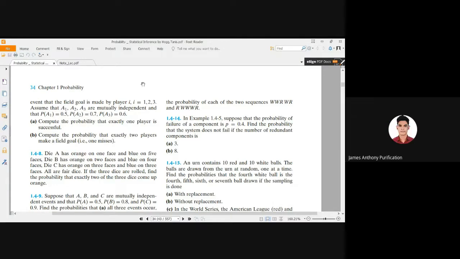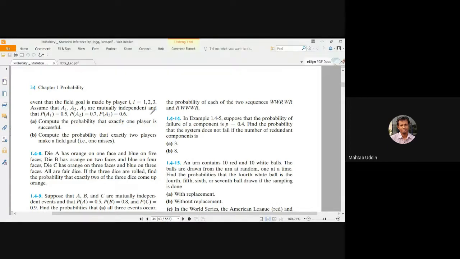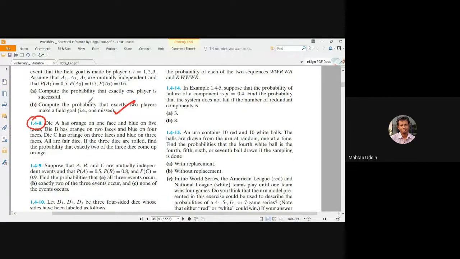In last class, we have solved up to number 7. Today, we are going to start number 8. Look at this. Die A has orange in one face and blue in 5 faces. So how many faces in total? 6 faces.